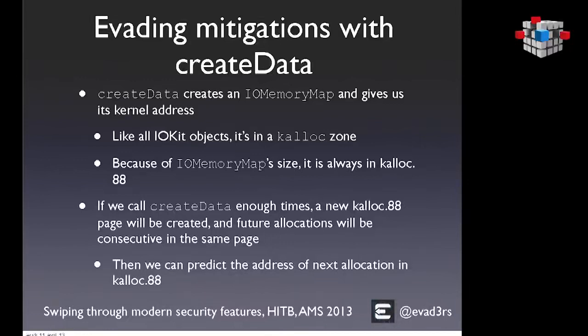And as soon as you're far enough into that page, it's not a guarantee, but it's a very high probability that the next few calls will also be in that page, at increasing addresses that you can predict. And so once we do that little bit of massaging, we find the address that the next allocation will provide.